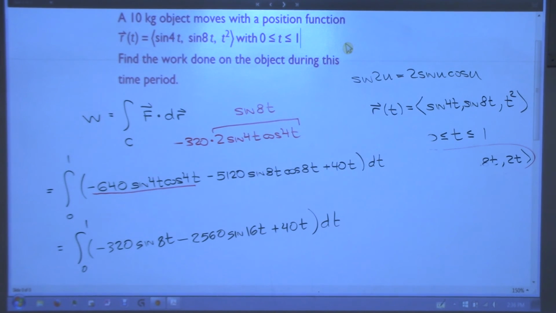I thought maybe I had taken this problem out of the book, but I don't see it in here.